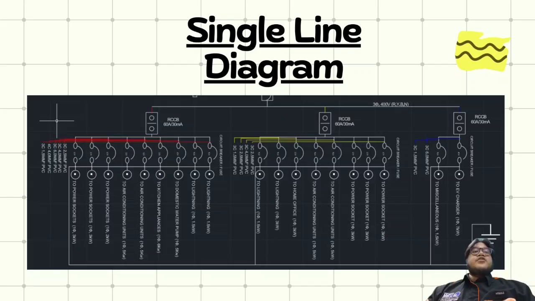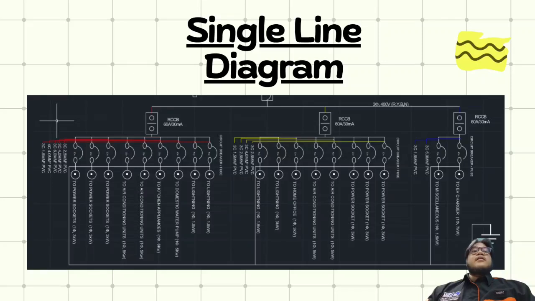Furthermore, the drawing includes dedicated radial circuits for heavy-duty equipment like air conditioners and water heaters, ensuring these devices have a direct uninterrupted path to the board, while a protective residual current device monitors the entire loop for earth leakage to prevent electric shock.